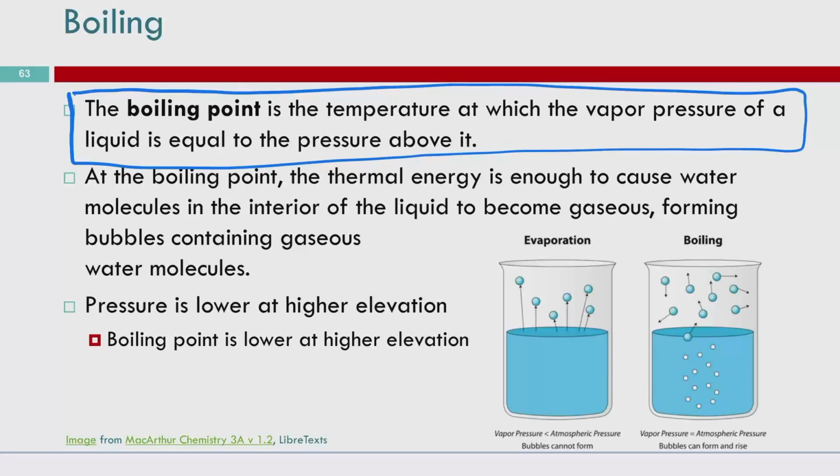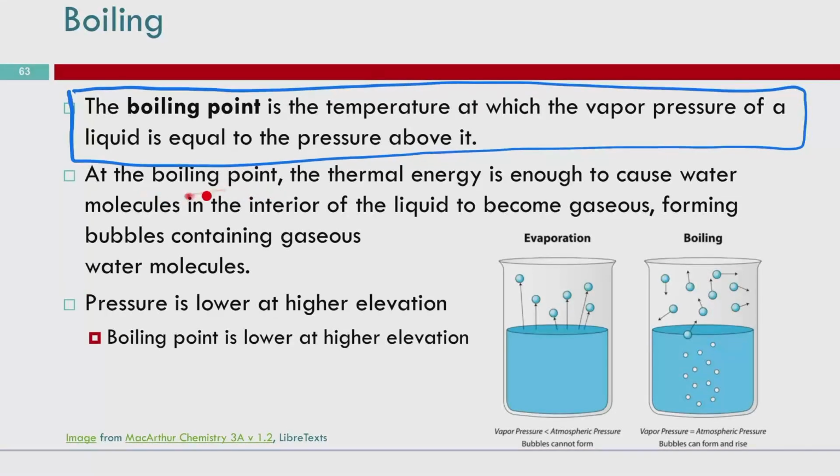Not the initial burst of bubbles, but once they're really starting to form and show up in our pot of water. So at the boiling point, the thermal energy is enough that the water molecules in the interior of the liquid can become gaseous. So that's why you see bubbles form on the inside rather than just steam rising off the surface of the water.